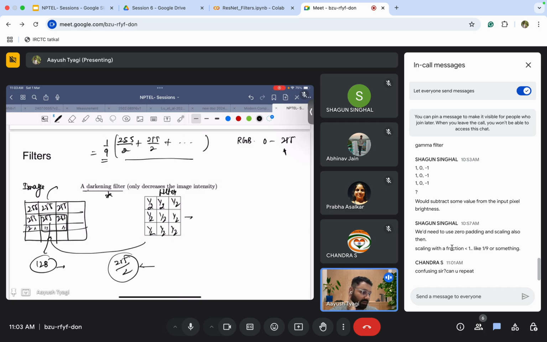So what we are trying here is to reduce the intensity of the image, and if you want to reduce the intensity, just scale the intensity. Does it make sense actually? Chandra.